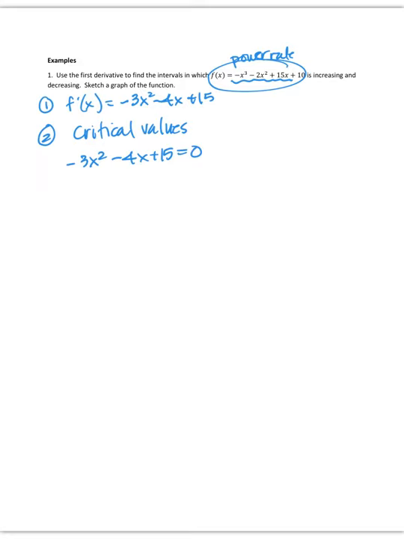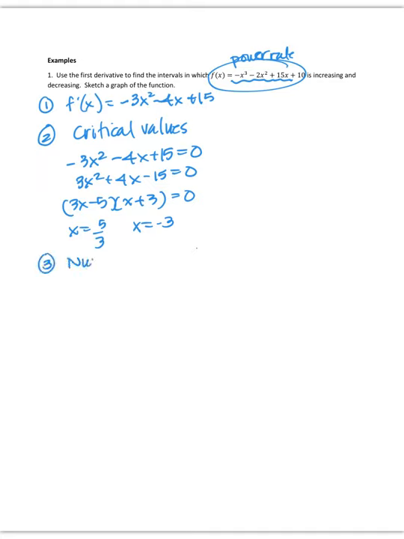So we're going to get rid of that negative by changing all the signs. And this would factor to 3x minus 5 and x plus 3. Set them to 0, we would get 5/3 and negative 3. So then we are going to do our number line test.